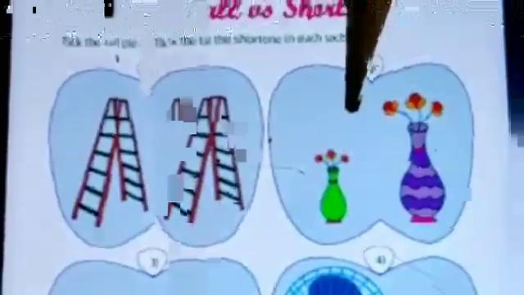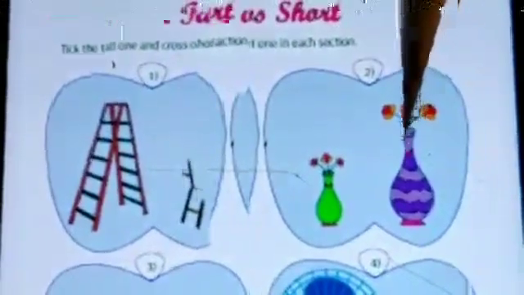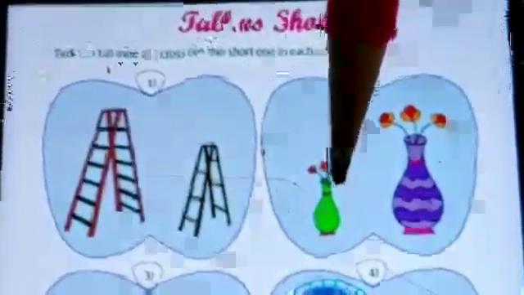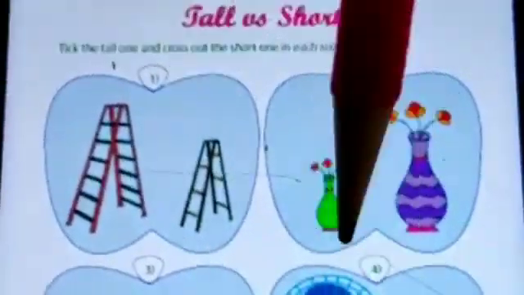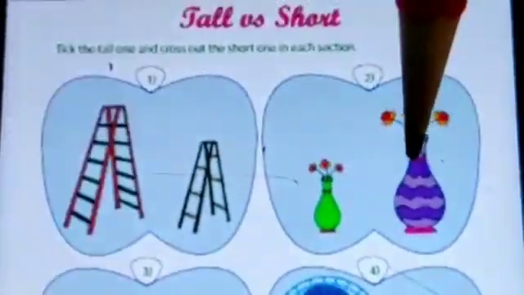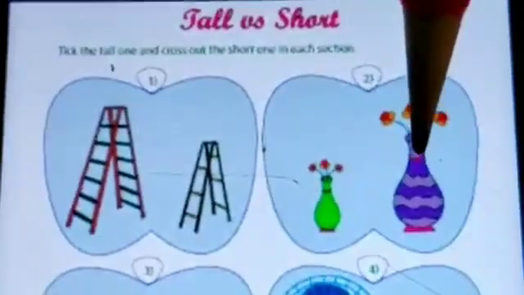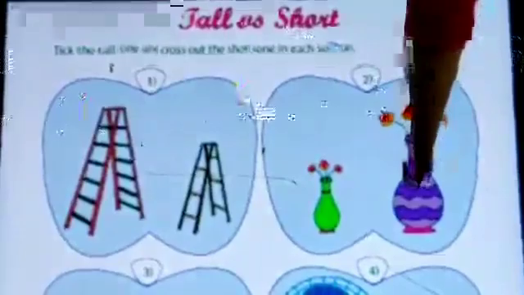Now let us see the second one. Here are flower vases. The purple one and the green one. Now which one is short? Yes, this one is short. So on short what we have to do? We have to do cross. And on the tall what we have to do? We have to put a tick mark.